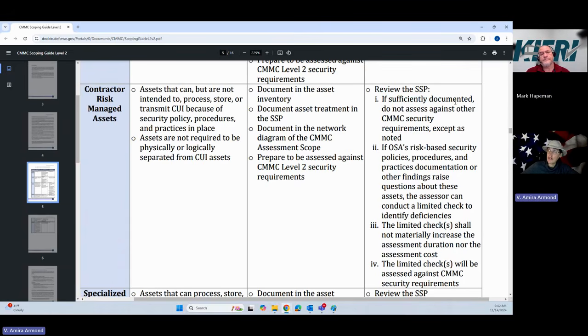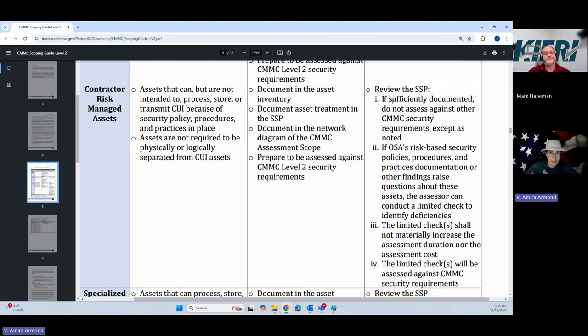And when we talk about sufficiently documented, again, I'm trying to make the distinction between talking about the asset in generalities versus saying how we do each requirement on that asset type. Yeah. Right. If it's a requirement that can be applied to that asset type, right? If it's screen lock, for example, the screen has to lock after 15 minutes. Well, we're not expecting that to be applied to a person.